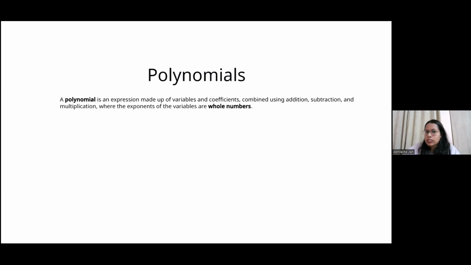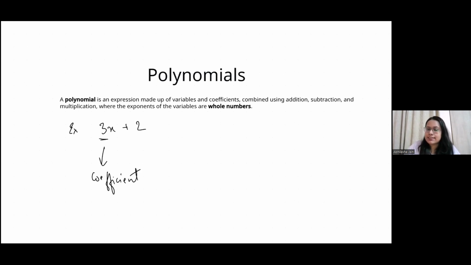So, firstly, what is a variable and a coefficient? Variables are the numbers which are not fixed in an equation. Okay, so let's take an example of a polynomial. 3x plus 2 is a polynomial. Here, 3 is a coefficient. It is a coefficient of what?